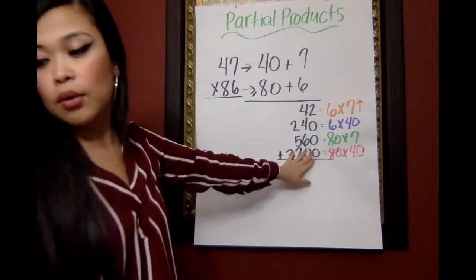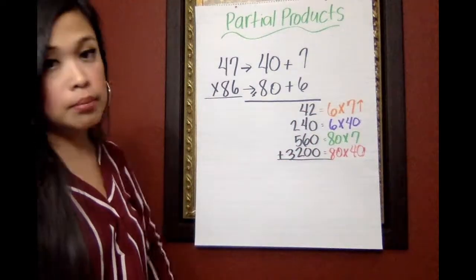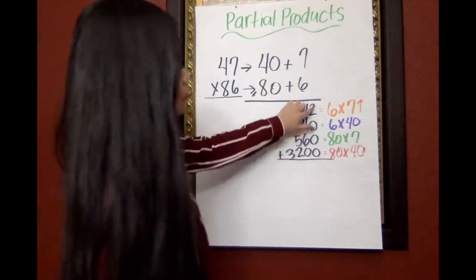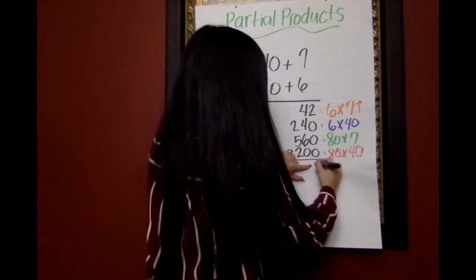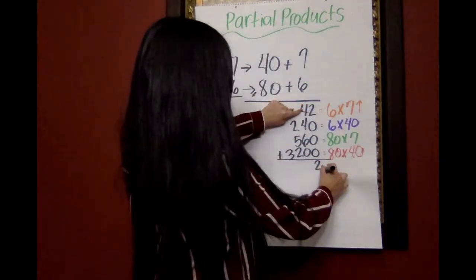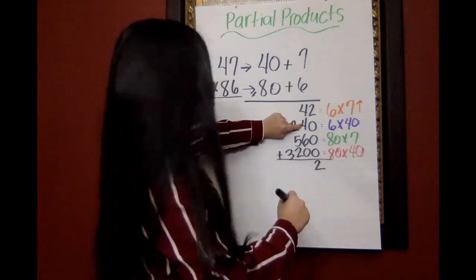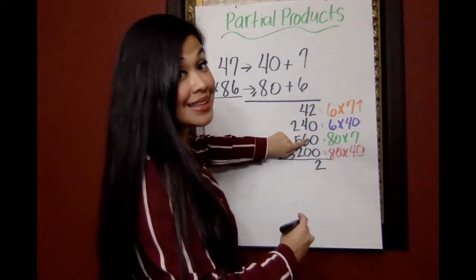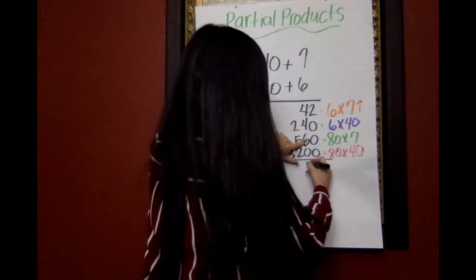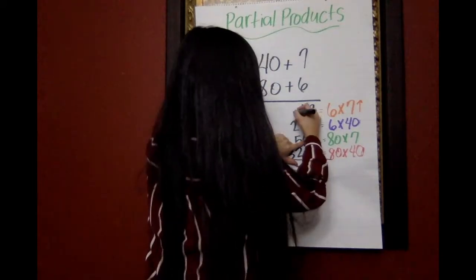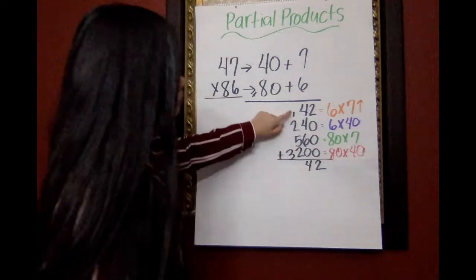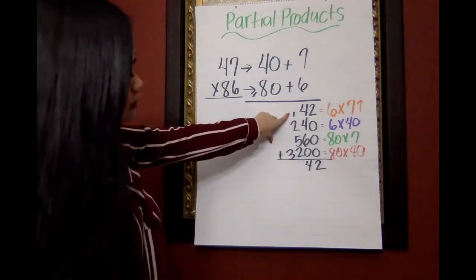Again, like area model, I'm going to add up my numbers. So 2 plus 0 is 2. 4 plus 4 is 8. Plus 6 is 14. Carry my 1. 2 plus 1 is 3.